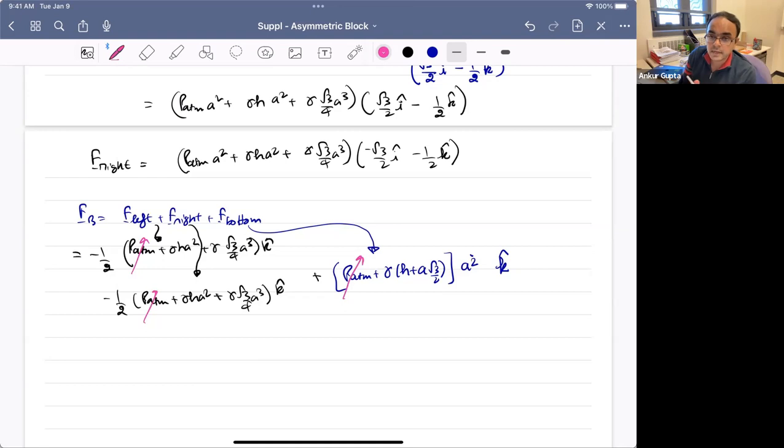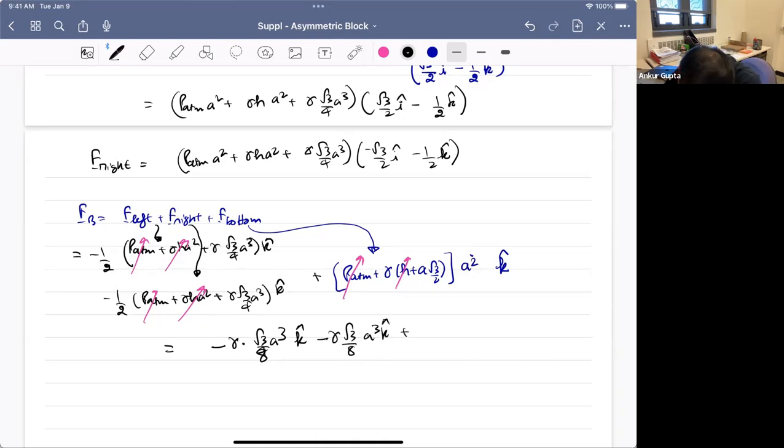Then note that I also cancel out this gamma H A squared, because I get minus half gamma H, minus half gamma H. Then here I have minus gamma root 3 by 4 A cubed k cap, minus gamma root 3 by 8 A cubed k cap, and plus gamma root 3 by 2 A cubed k cap.